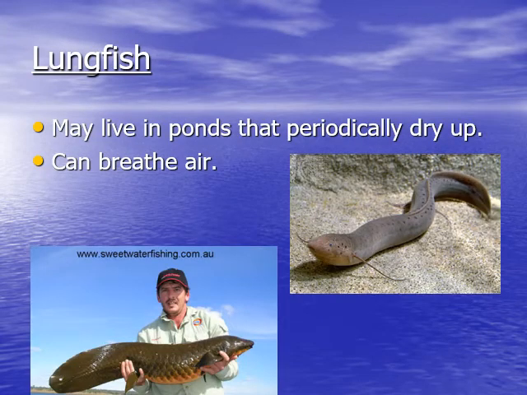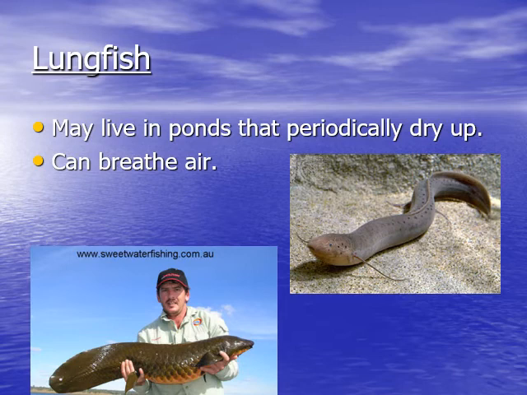The lungfish, they tend to live in ponds that periodically dry up. So we tend to find these in tropical areas and in ponds in these areas that might dry up in the very, very hot conditions during different seasons. So they can actually live on land for a little bit, as we can see in the picture to the top right.